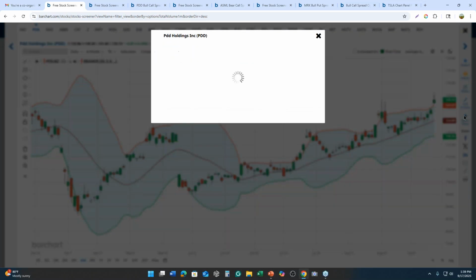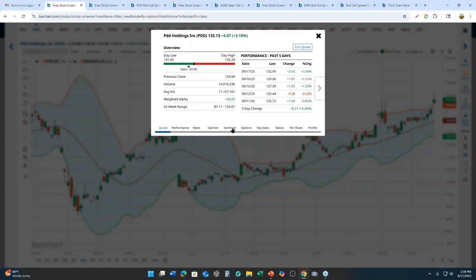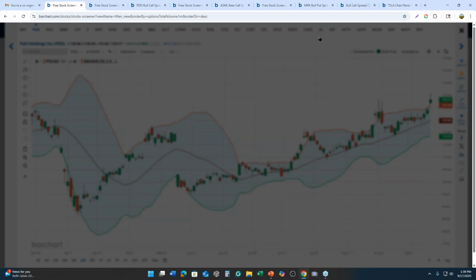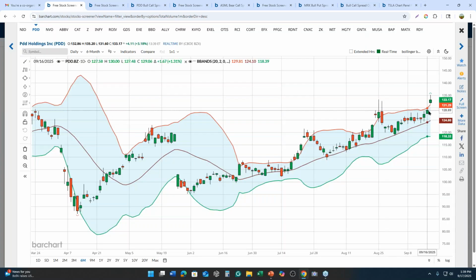And if we go to more data here under technical analysis, I can see the ATR for this one is about $3.70. So a 1.5 times puts us around $5.50. So above 129 at $5.50 puts us at around 134.50. Now we're not there yet, but we're pretty close to it. So this would be a good candidate.